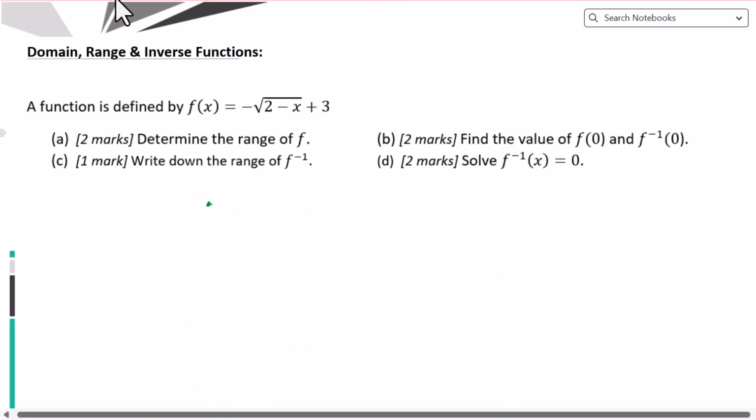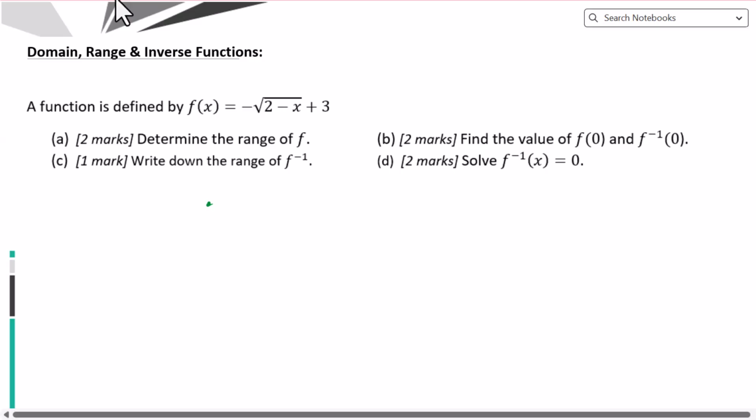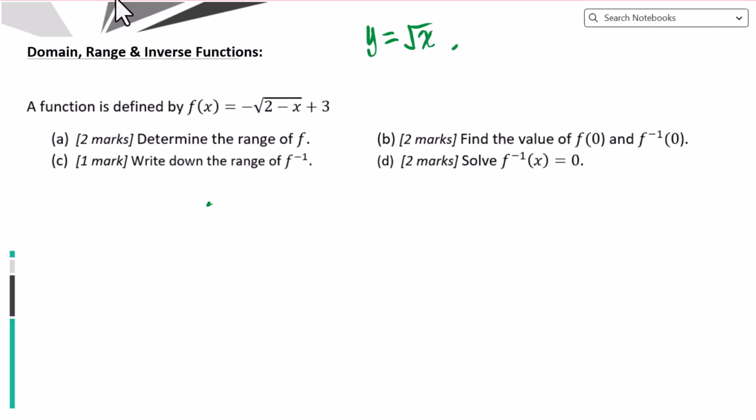A function is defined by f of x. This is a square root function. For square root function, you know the domain, we will make a radicand greater than or equal to 0.